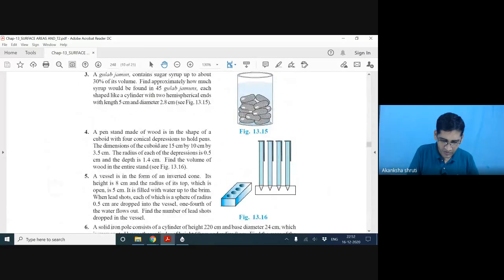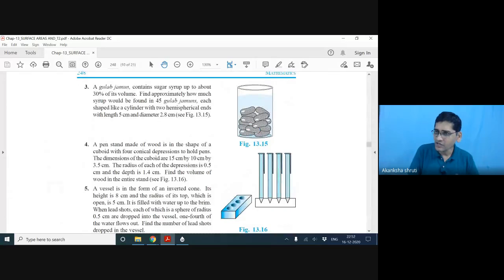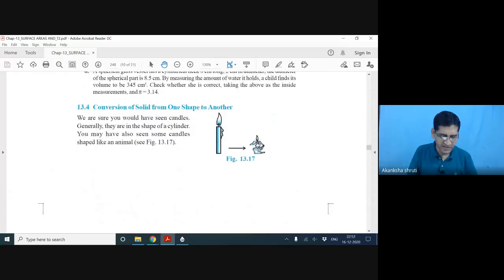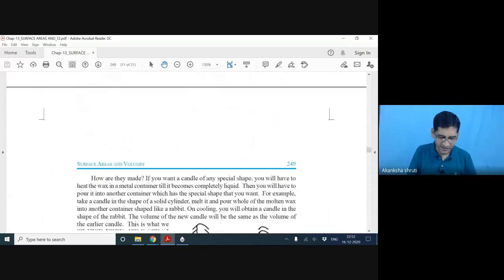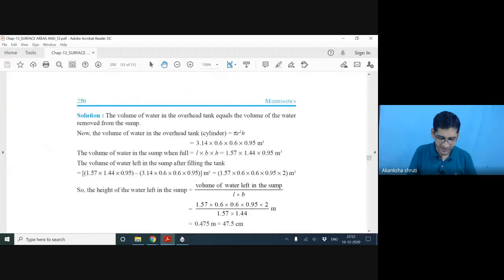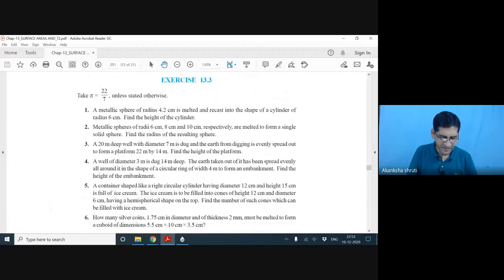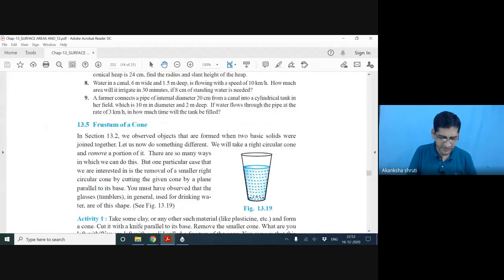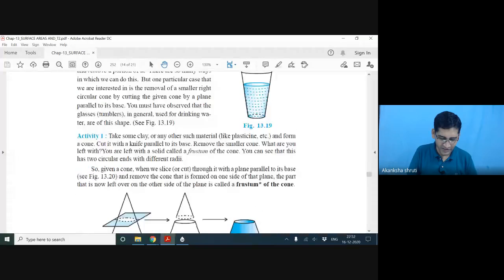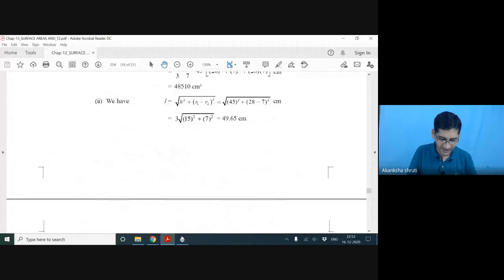13.2. See this gulab jamun, how is this? Cylinder with 2 spherical ends. It's enough. Canvas, this, the cones are there. You please try with the 2 only. The other we will do later. Then their melting is there.